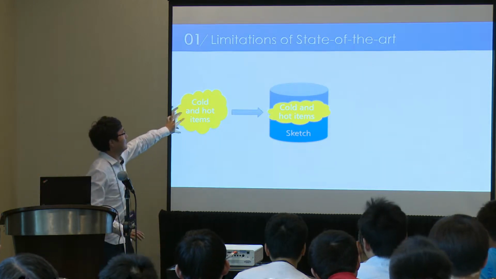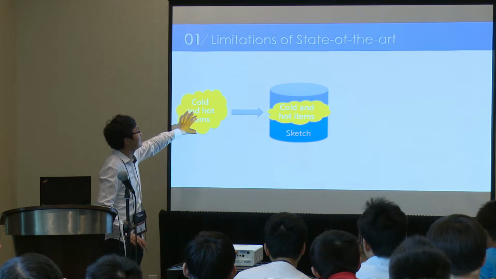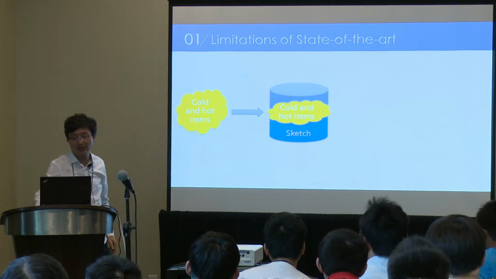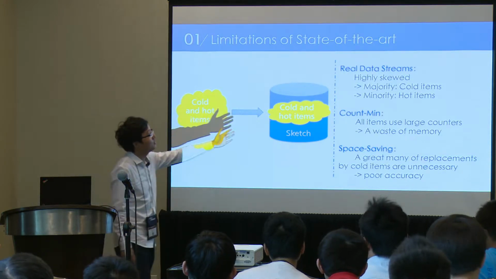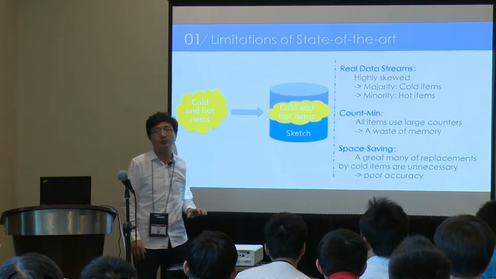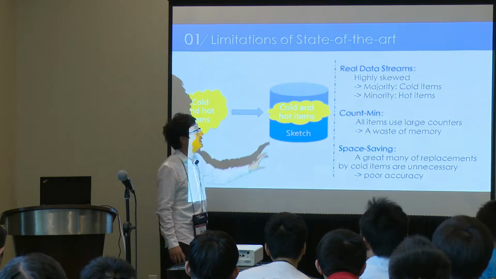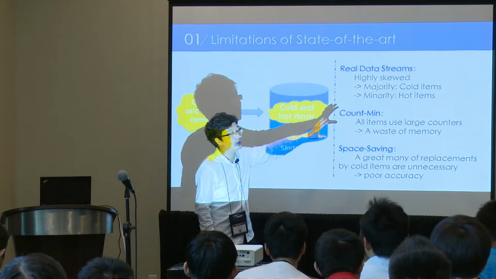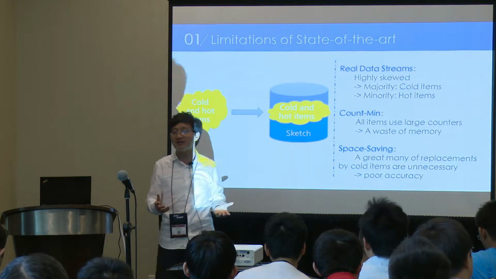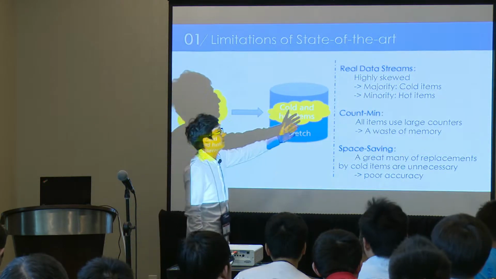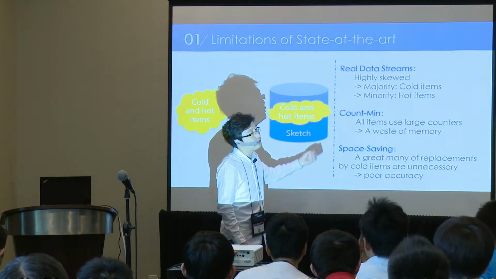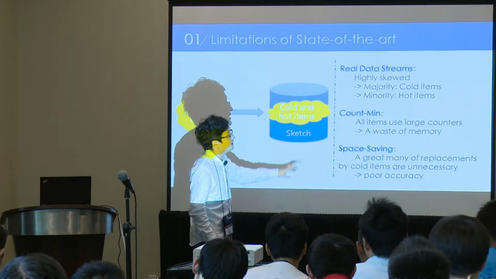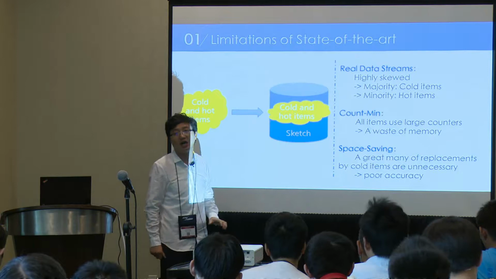They just mixed the cold atoms and hot atoms. But actually, in real data streams, the frequency distribution is highly skewed. It means the majority are cold atoms. They appear only once or twice. But there are very few atoms that appear many times, and we call them hot atoms.